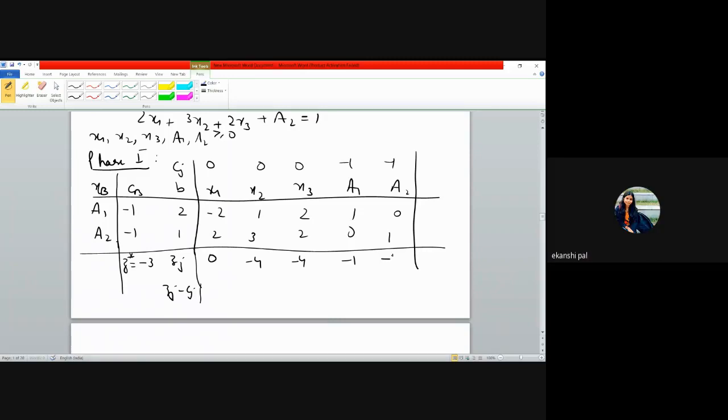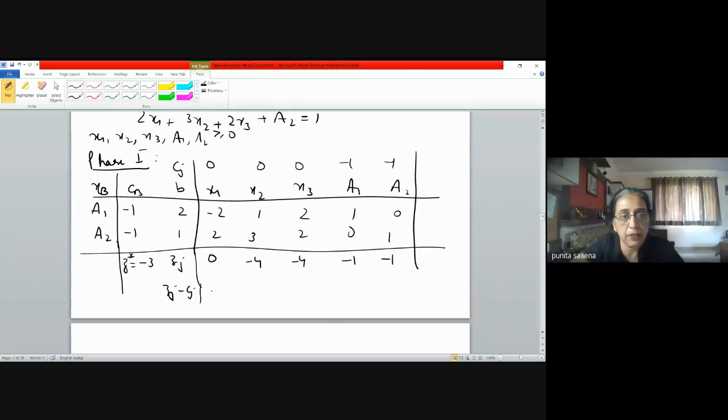And your Zj minus Cjs are going to be 0, -4, -4, 0, 0. Now I have a tie here, right? Both Zj minus Cjs are equal. So the choice is random. We can choose any one to enter.